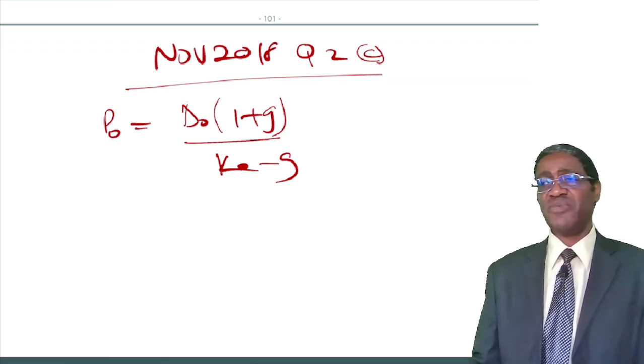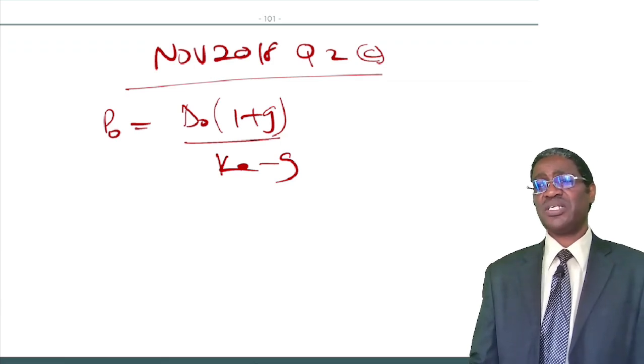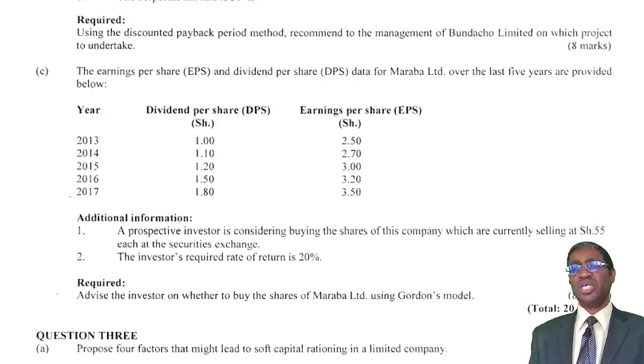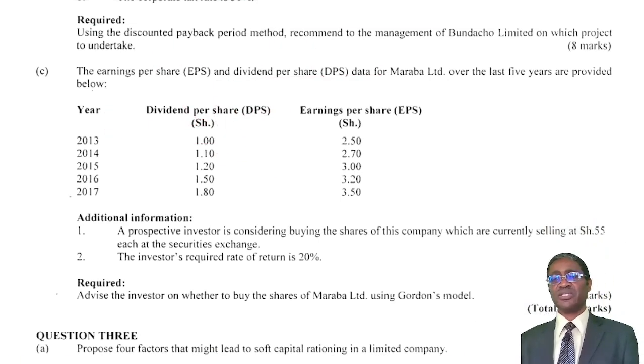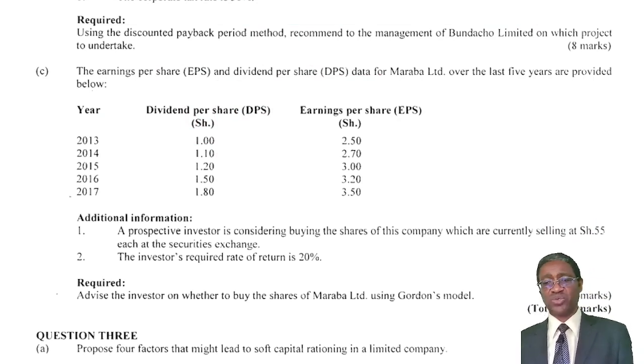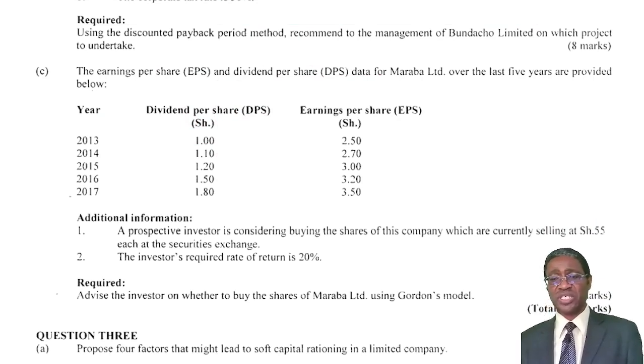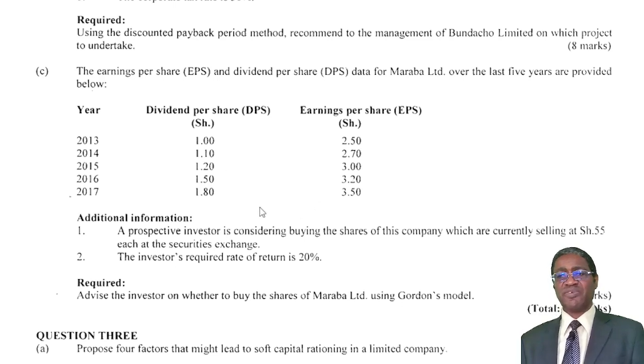How much is the current dividend as per the question? If you look at the column for dividend, the current one is 1.8. Don't forget we are doing 2019 calculations, but they have given us the history: in 2017 they paid a dividend of 1.8. That is Dn.